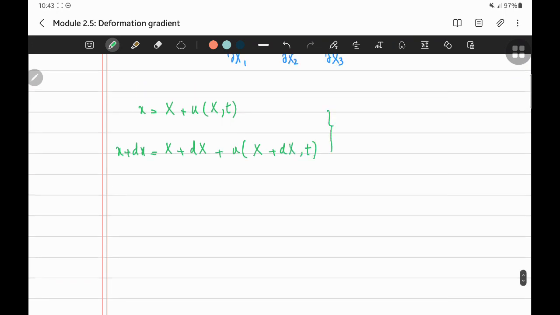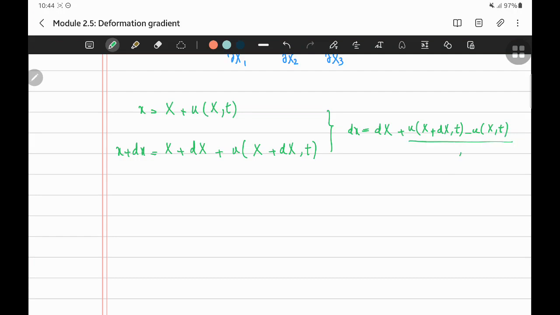If we subtract the lower from the upper, we get dx is equal to dX plus u(X plus dX, t) minus u(X, t).